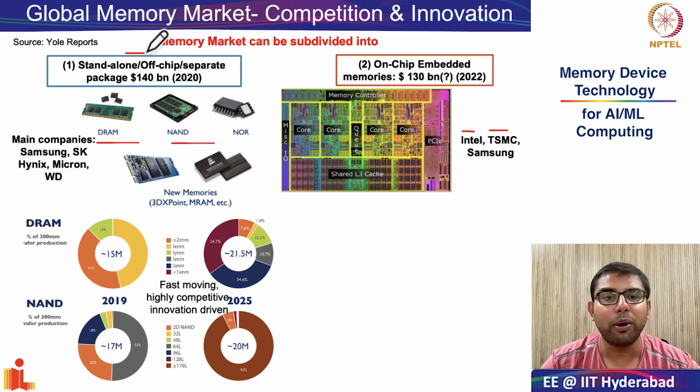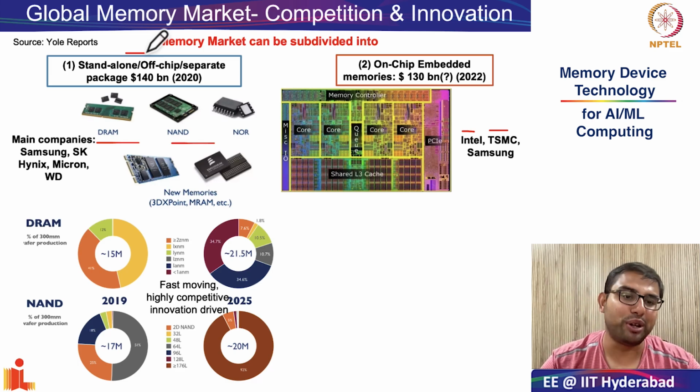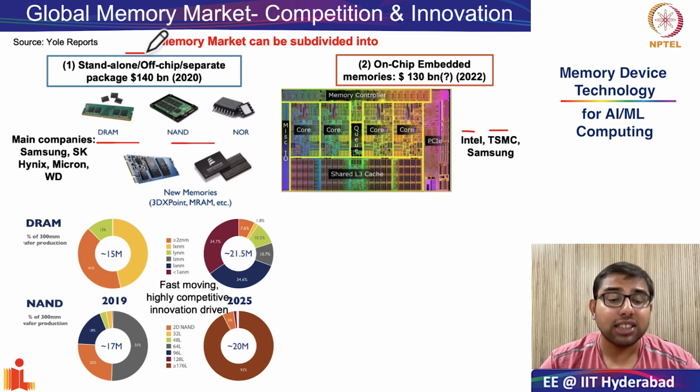There are two other important factors that we saw when we were looking at global memory market trends. The first was recognizing the fact that the global memory market is very, very competitive. It's a very fast moving business and it is driven by technological breakthroughs and technological innovation. Within a very short period of time, technology changes very rapidly. As a result, if you want to stay competitive in this market, you better innovate very quickly.